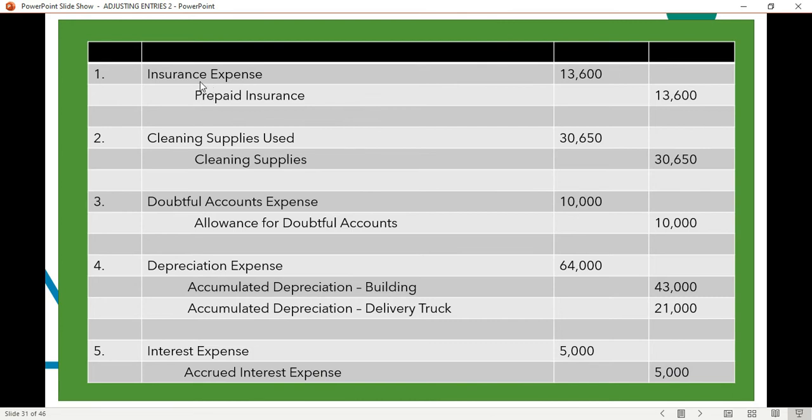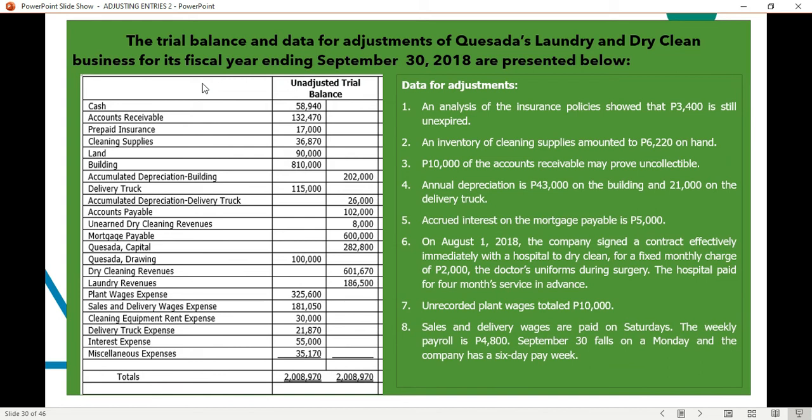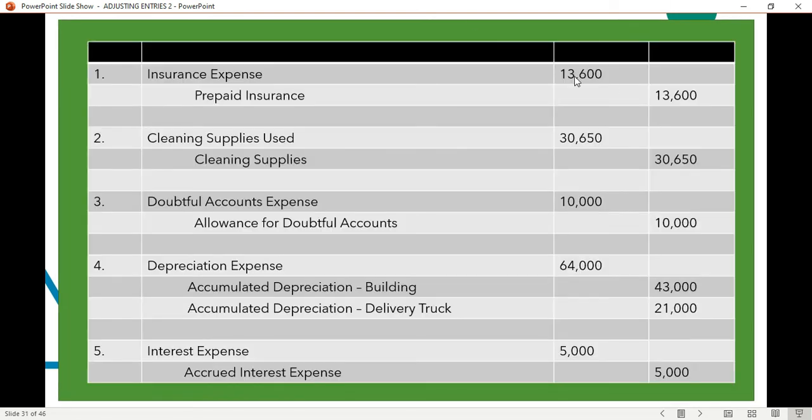This is the adjusting entry. Since the asset method was used when the insurance premium was paid, to adjust, you will be recognizing the expense portion. The payment was 17,000 as shown here, and the unexpired portion is 3,400. 17,000 minus 3,400, the insurance expense that should be recognized is 13,600.